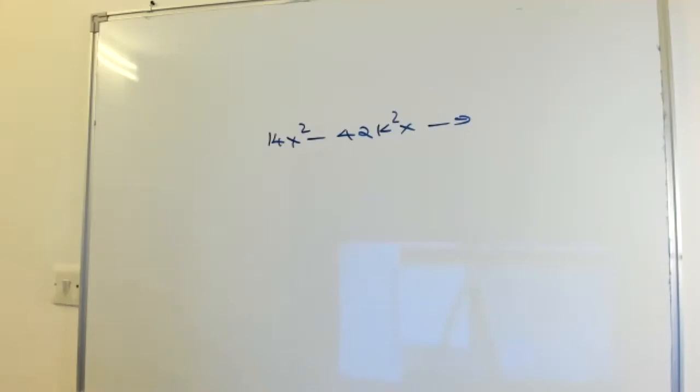Not many questions, maybe only 2 or 3. Everyone can try because I explained. 14x square minus 42 k square x minus 9.